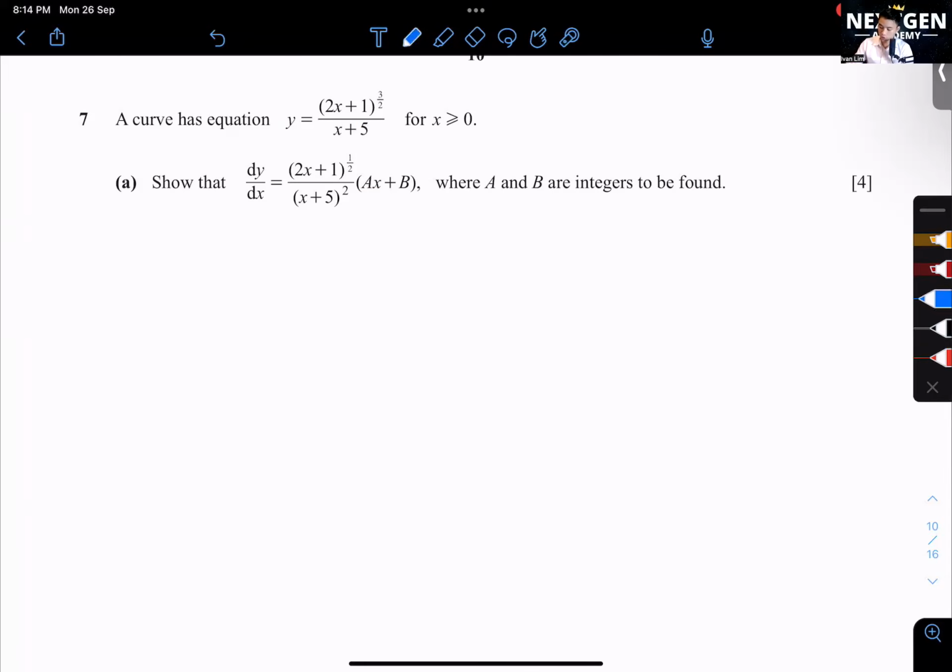So what I want y'all to do is always write the u, which is (2x plus 1) to the power of 3 over 2, and v equals x plus 5.